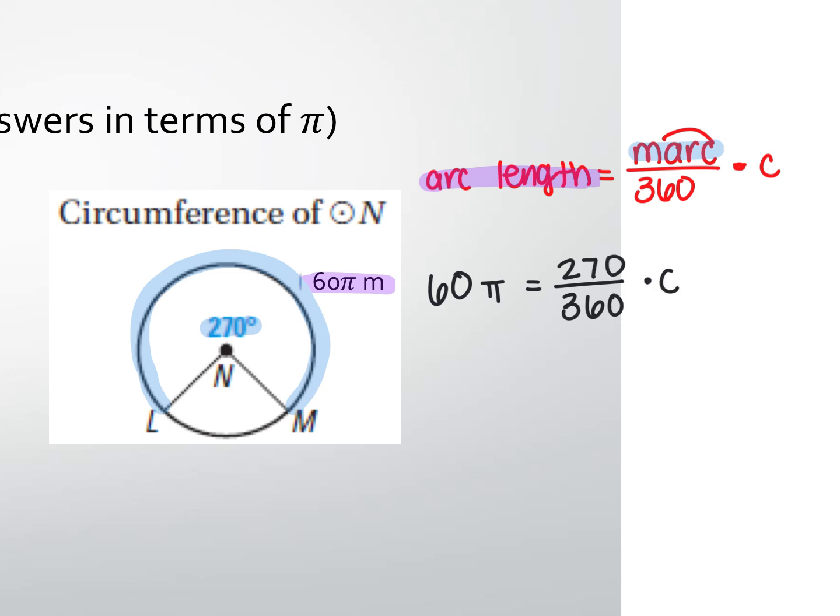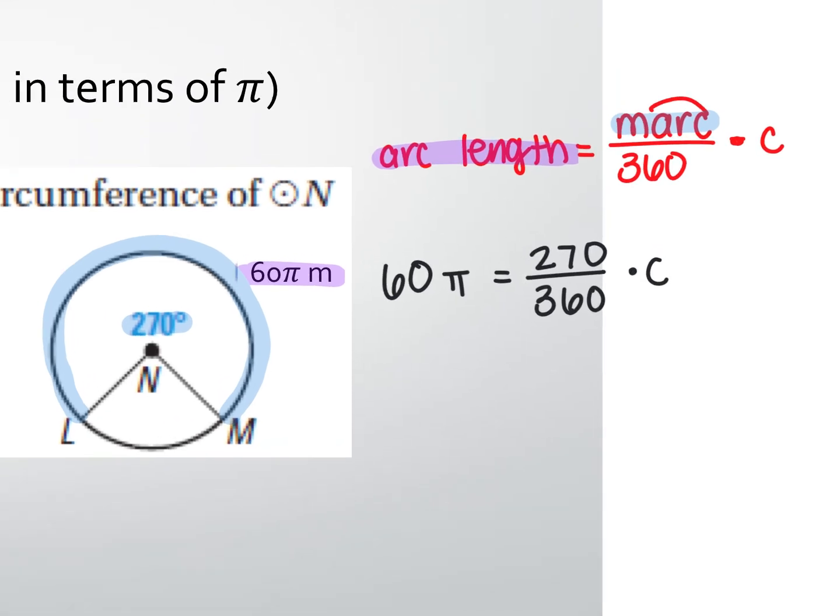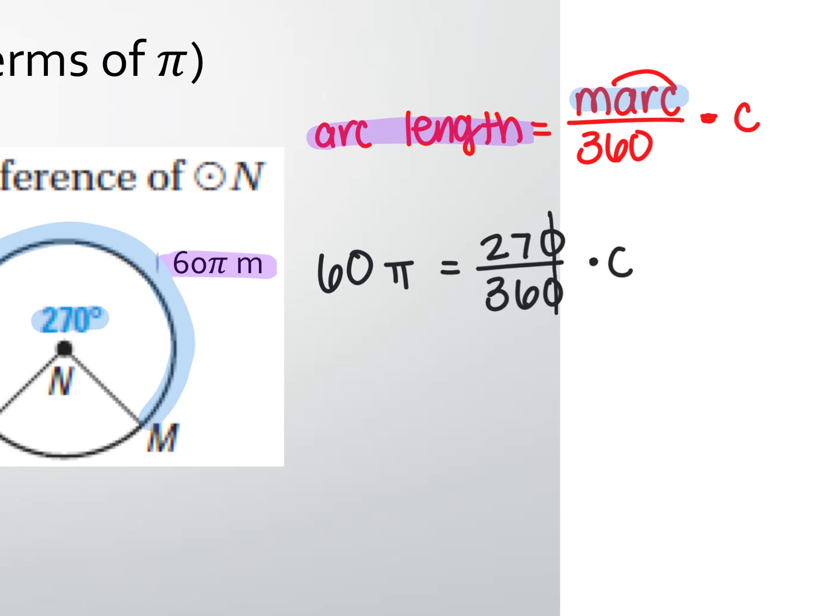And again, I'm solving for circumference. When they end in 0, I personally just like to cross it out. And now I have 27 over 36, which can be simplified to 3 over 4.